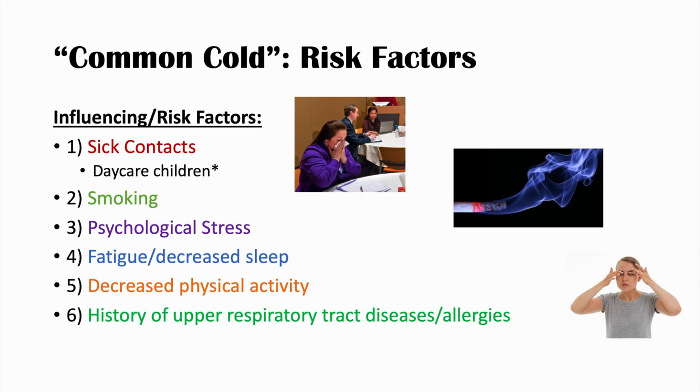So this plays into more the severity of the symptoms of the common cold. If you have a history of these issues, you're more likely to have a more severe and more long-lasting presentation of the common cold. And the seventh is malnutrition. Again, all tied together with psychological stress and fatigue and a decreased constitution or decreased immune system function.